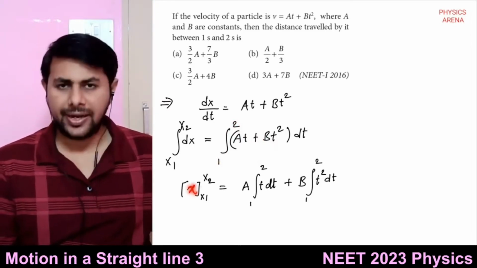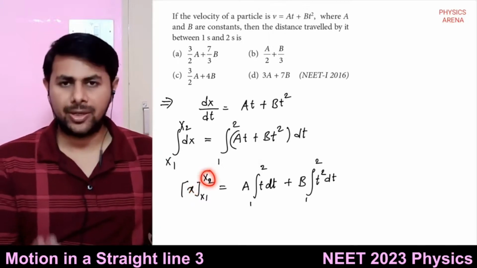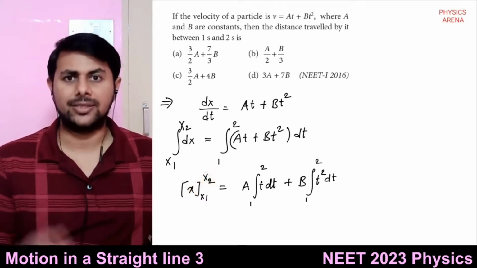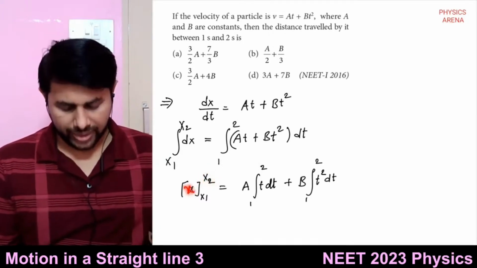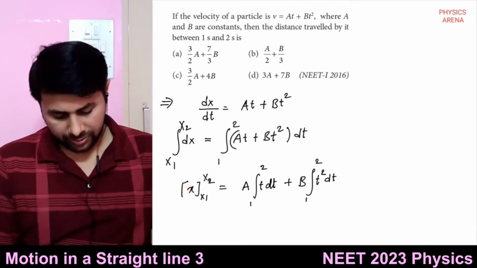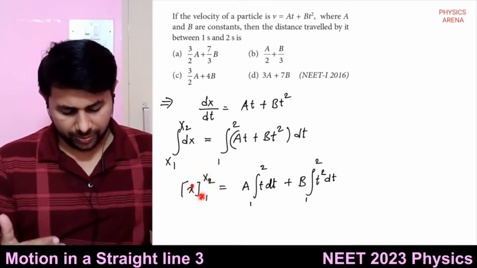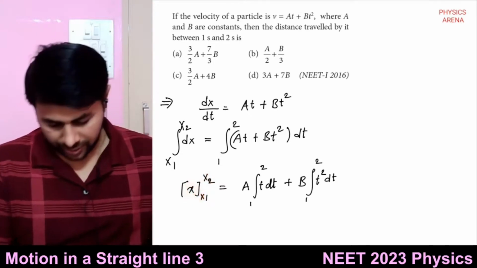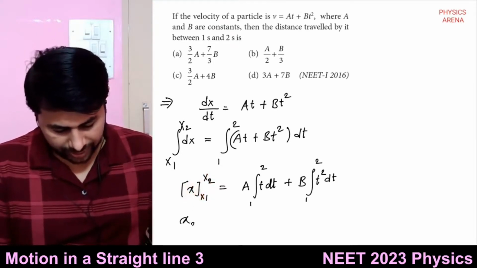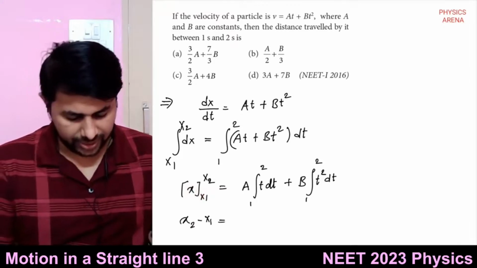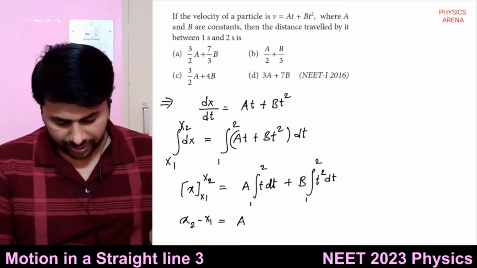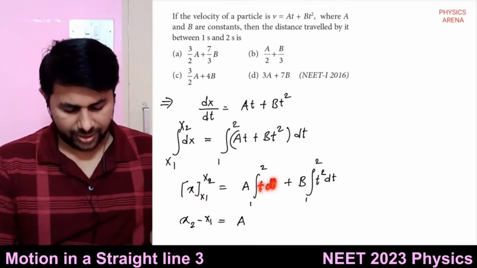Now for x, substitute the upper limit, which is x2, minus the lower limit in the same function. So it is x2 minus x1, and it's equal to a multiplied by the integral of t dt.